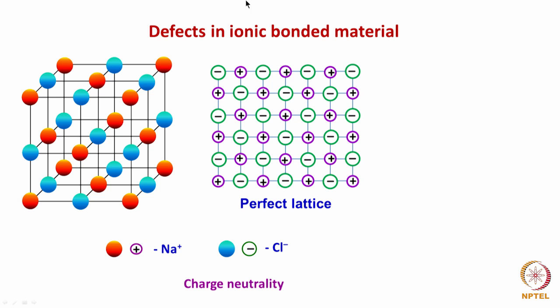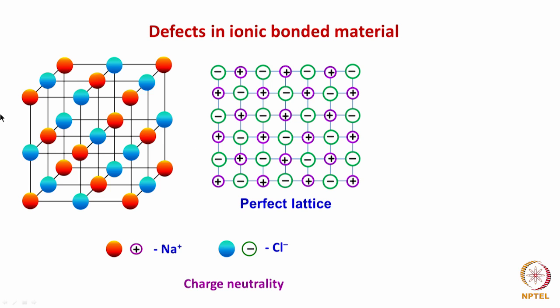What I have considered here is I am just showing the defects in the lattice of sodium chloride, which is an ionic bonded crystal. It is two FCC lattices, occupied one by sodium and another by chlorine, which are interpenetrating each other. Still it generates the FCC type of ordered lattice.